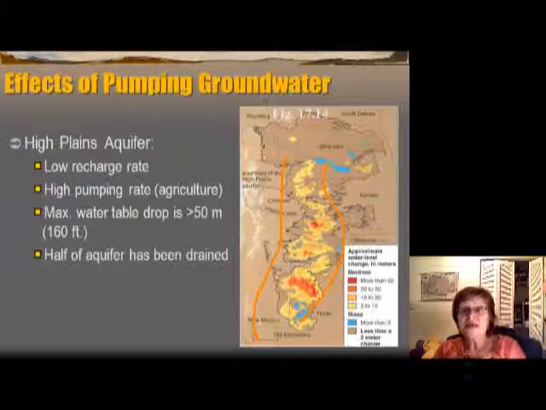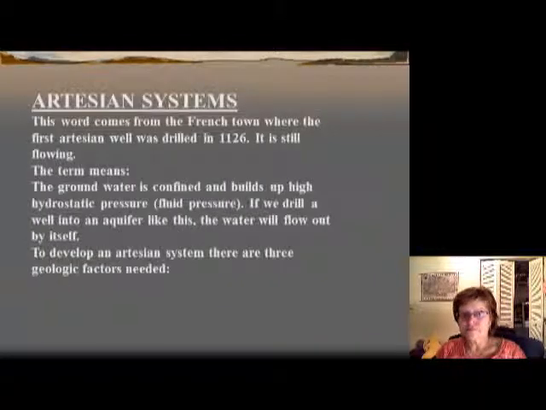So as soon as they use it all up, there will not be water there. So they have really high pumping rate because they use it for agriculture, and there is about 50-meter water level drop already, which means half of the aquifer has been drained. So who knows what's going to happen when they use it all up.